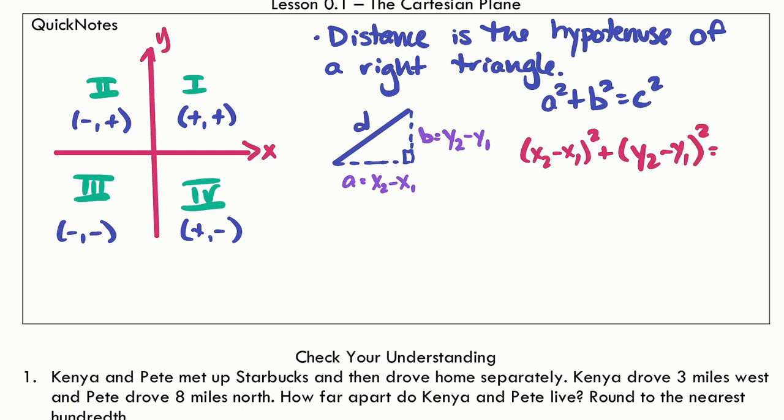And the hypotenuse is c, which in this case we're calling d. And it needs to be squared. But I don't want d squared. I just want d. What would you do to get rid of that square? Yeah. So there's our distance formula. d is the square root of all that stuff.